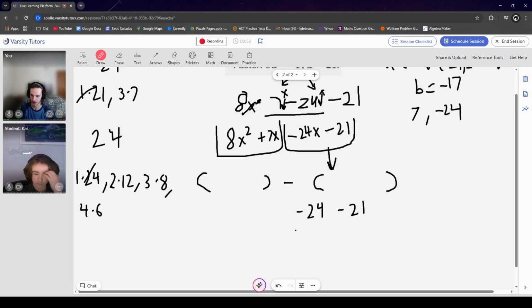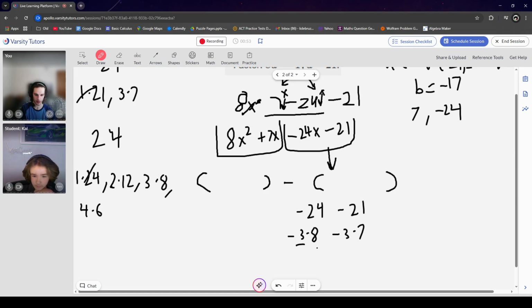I'm just going to write this out as numbers. But we can see that for 24 we can go, okay, this splits off into negative 3 times 8, and negative 21 splits off into negative 3 times 7.